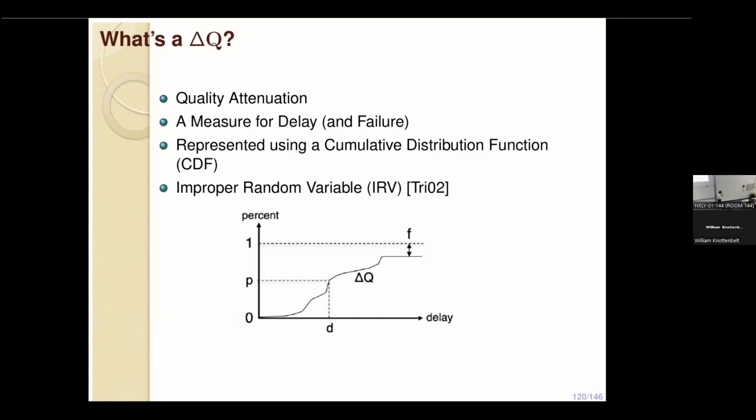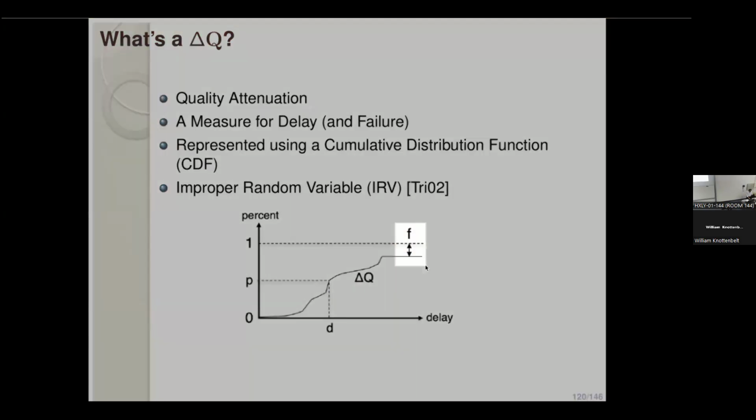For those of us who don't know, an improper random variable is a random variable that will not necessarily make it to 1 if you integrate over it from minus infinity to plus infinity. So what is really important is that an IRV, an improper random variable, can represent this failure. It can show that amount that is away from 1.